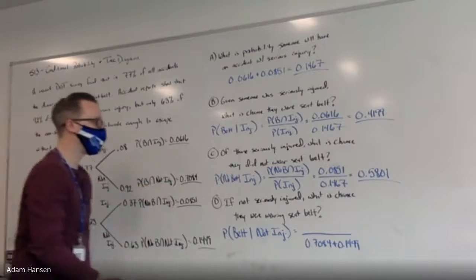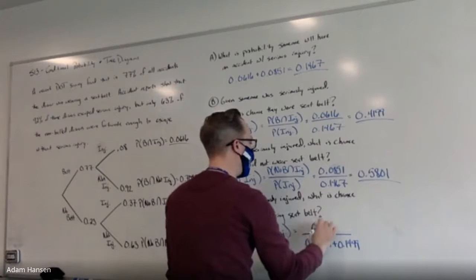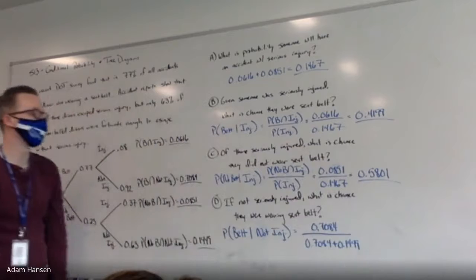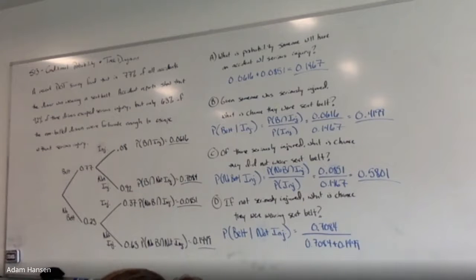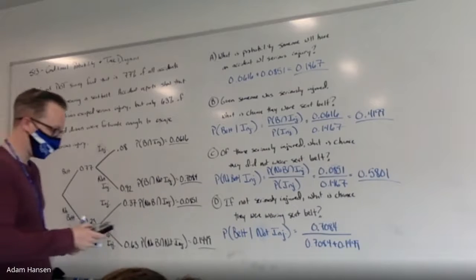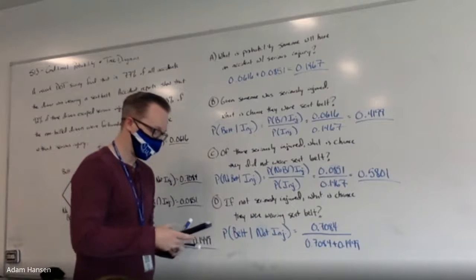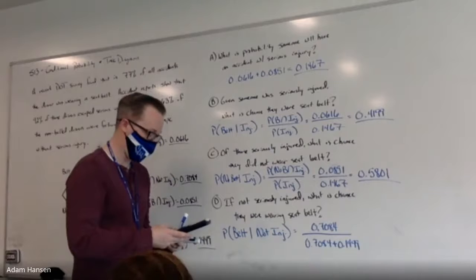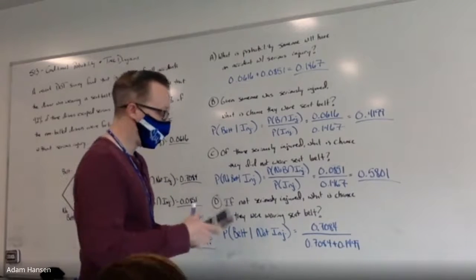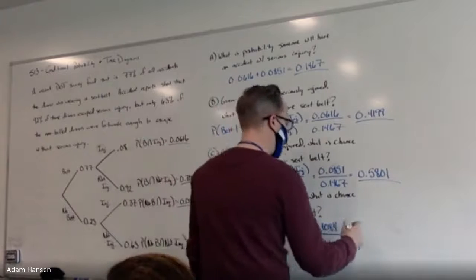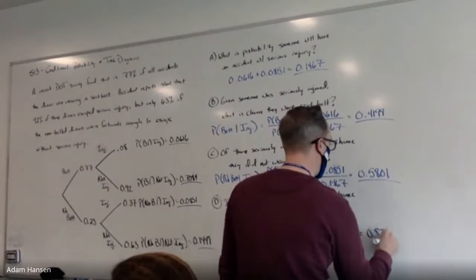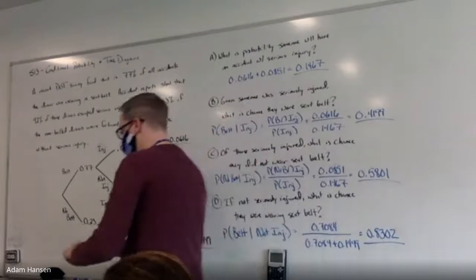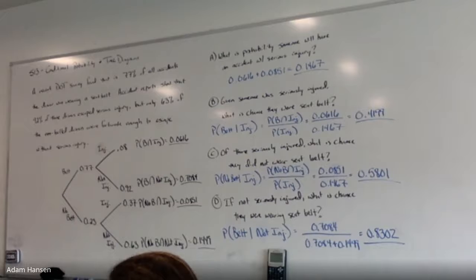Top one, 0.7084. All right, so let's take 0.7084 divided by the sum of 0.7084 plus 0.1449. That's 0.8302. If you got in an accident and were not injured, there's an 83% chance that you were wearing your belt.